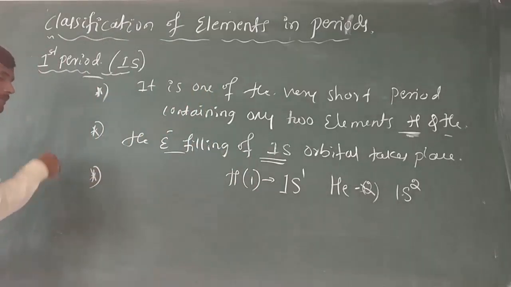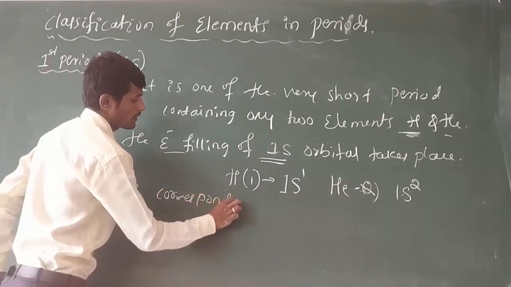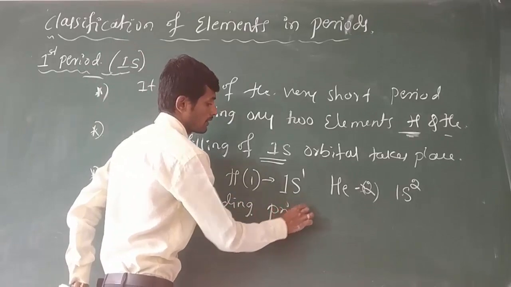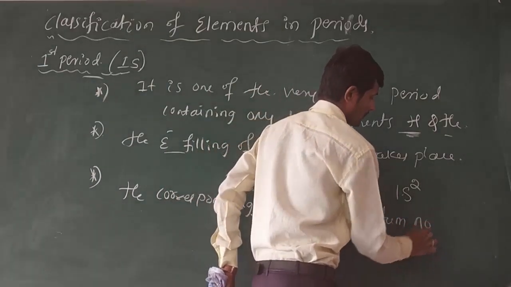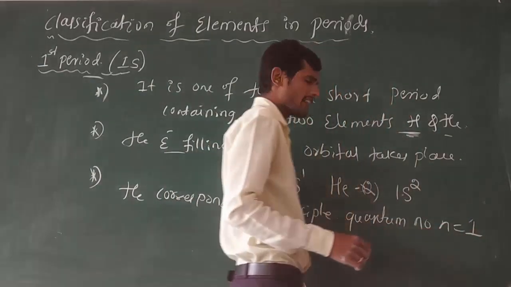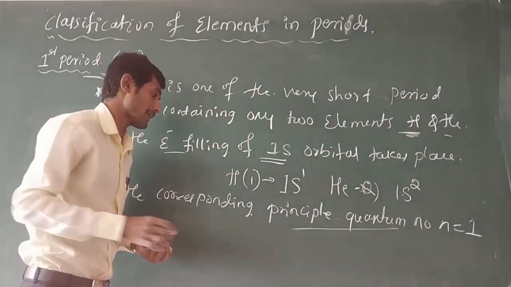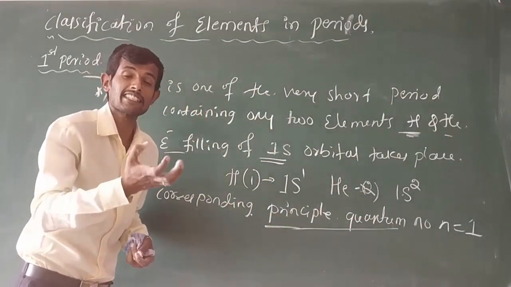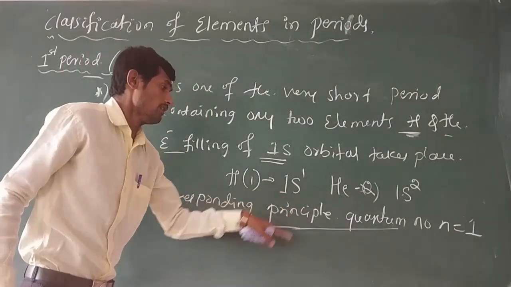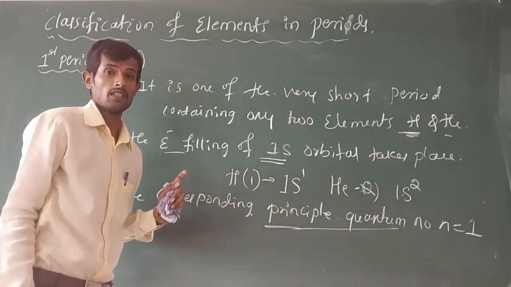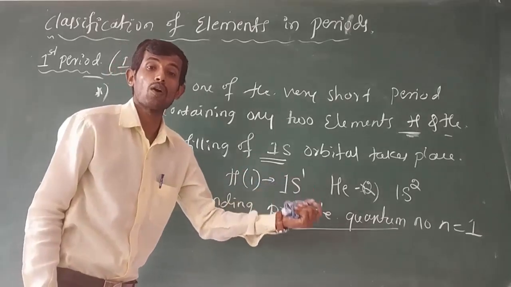ನೆಕ್ಸ್ಟ್ another point, the corresponding principal quantum number n equal to 1. ಏನು ರಿಸಲ್ಟ್ ಪ್ರಿನ್ಸಿಪಲ್ ಕ್ವಾಂಟಮ್ ನಂಬರ್ ಅಂತ ಇದ್ರ ಬಗ್ಗೆ ನೀವು ಚಾಪ್ಟರ್ ಕಲಿತೀರಿ. ಬಟ್ ಈಗ ಒಂದು ಜಸ್ಟ್ ಪಾಯಿಂಟ್ ನೆನಪಿಡ್ರಿ, ಪ್ರಿನ್ಸಿಪಲ್ ಕ್ವಾಂಟಮ್ ನಂಬರ್ ಇಟ್ ಡಿಟರ್ಮೈನ್ಸ್ the period which the element belongs to.